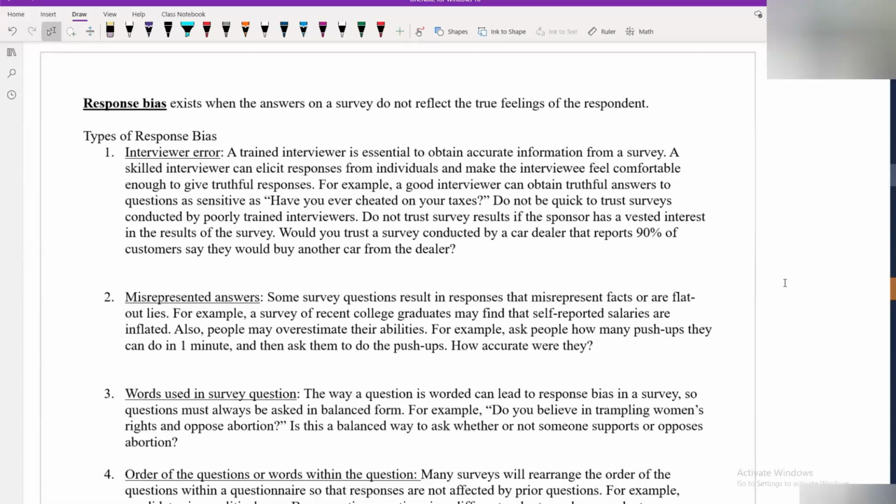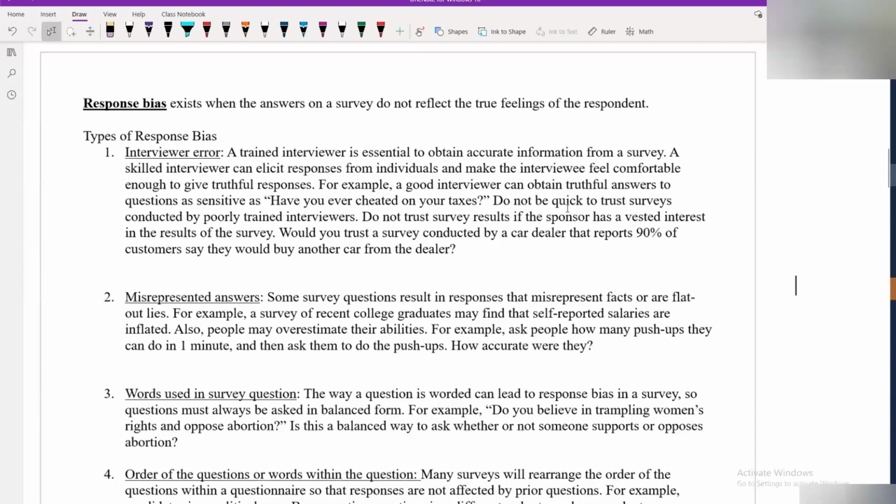So we're not able to trust that survey. For example, the type of question being asked is important: have you ever cheated on your taxes? Obviously, even if they did, they're not going to answer yes, I cheated on my taxes.